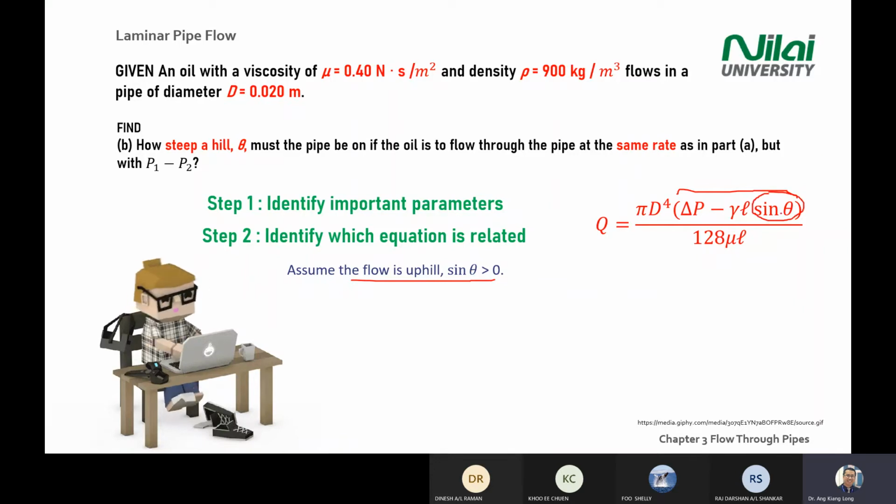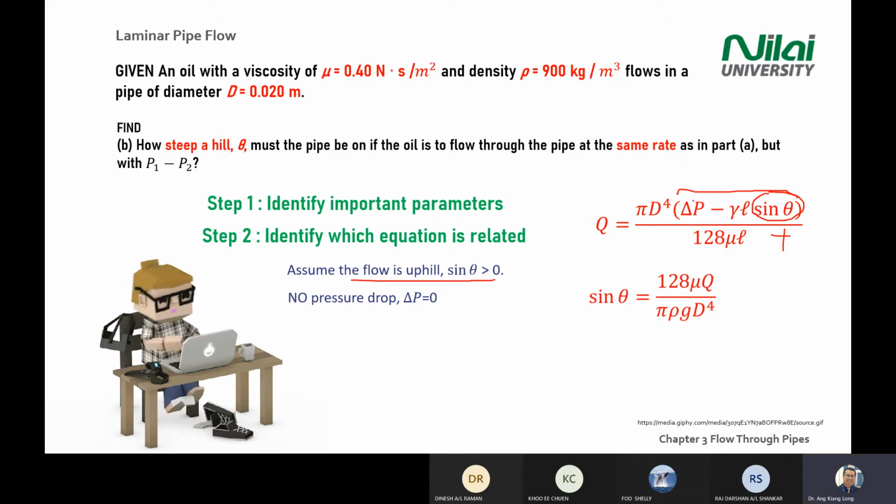This one component is positive, and there's no pressure drop, meaning the delta P is 0. It asks how steep a hill the pipe must be on if the oil flows through the pipe at the same rate, but with P1 minus P2, meaning maintaining the change of pressure.